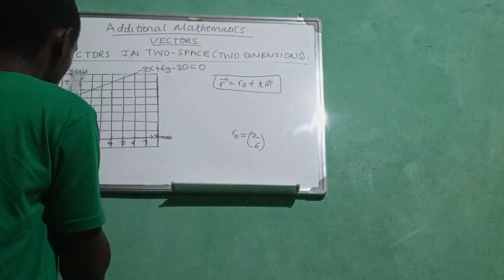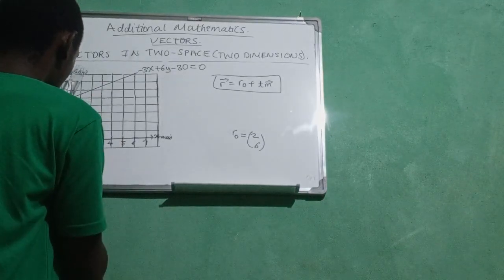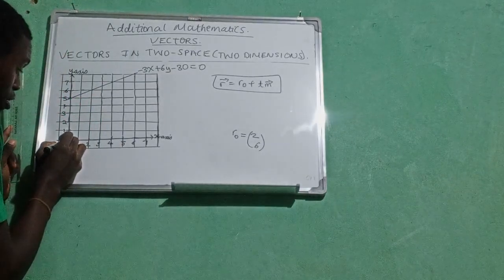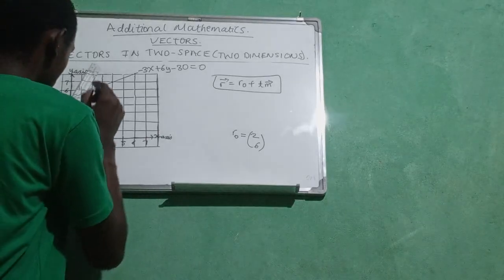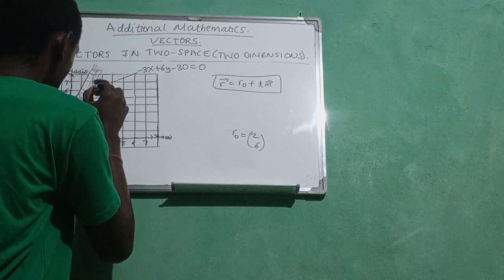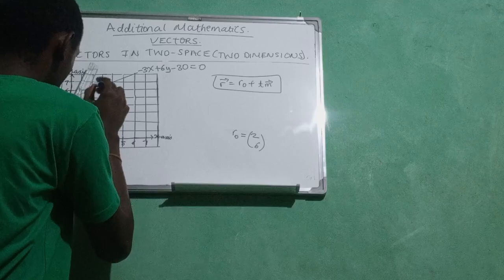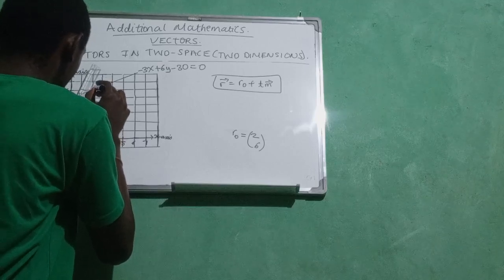So this means that if we were to draw this, of course this is the origin right here.